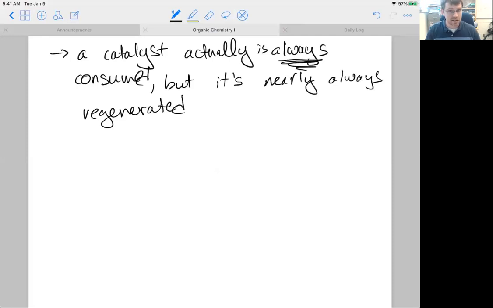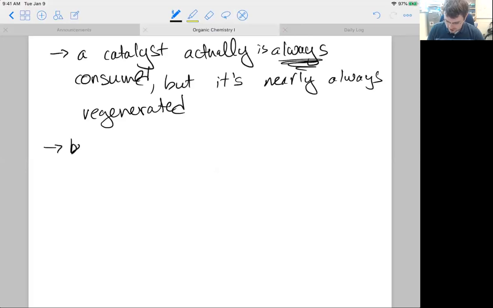The reality is, for a catalyst to work and operate on a system, it must always be consumed. Otherwise, if it's not consumed, it's not doing anything. If you just add it to a reaction and it's not consumed, it's not impacting the system at all. It's not stabilizing a transition state or destabilizing a starting material to make a reaction faster. So it's always consumed, it's just always regenerated.